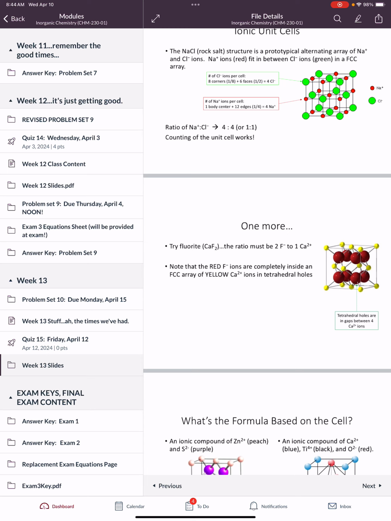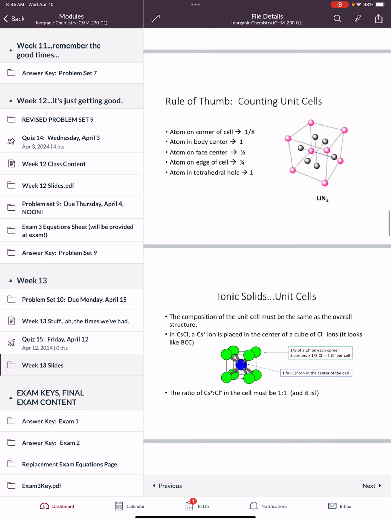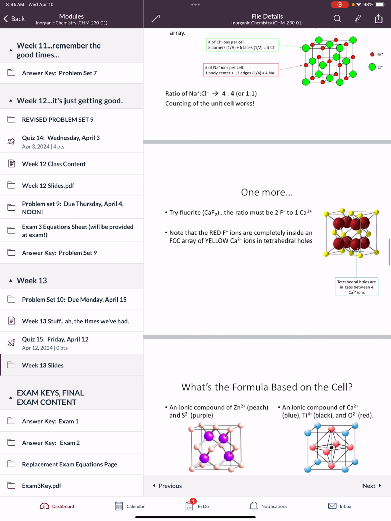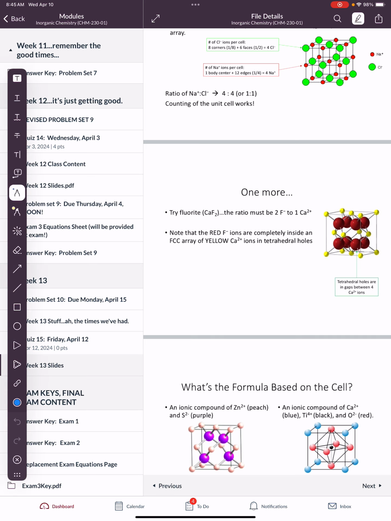Right? So if we go back and look at our cheat sheet with the poorly done lithium nitride example here, anything that's in a tetrahedral hole must then be completely within the unit cell. Right? So we can go back then and look at our fluorite, and we can talk about how to count this guy. So for example, my calcium ions are face-centered cubic.